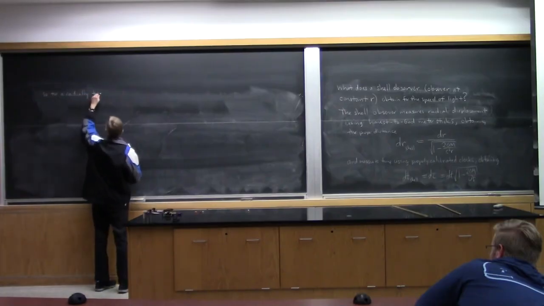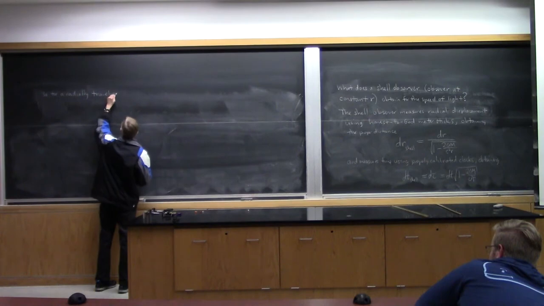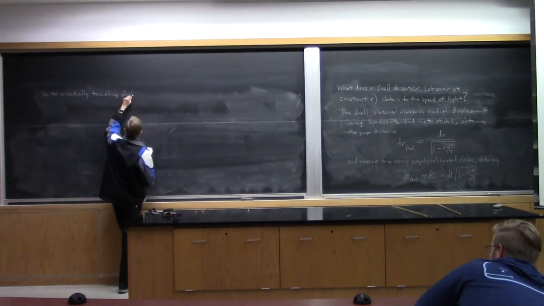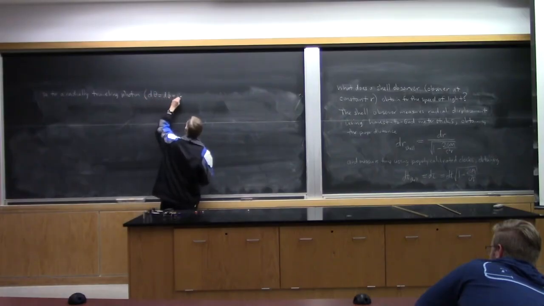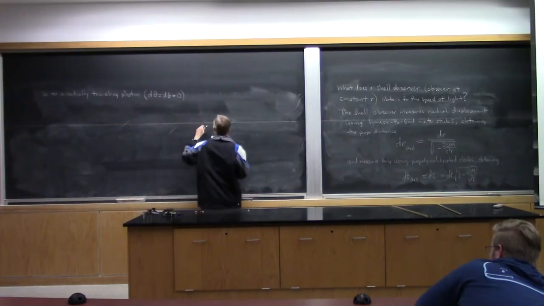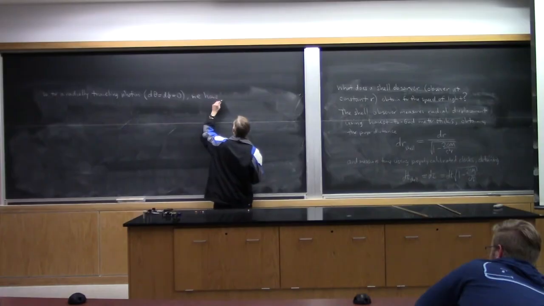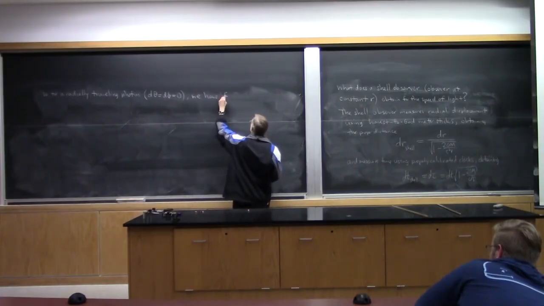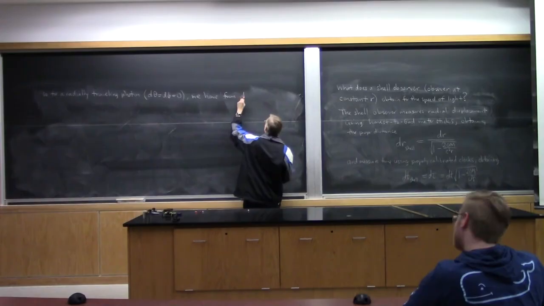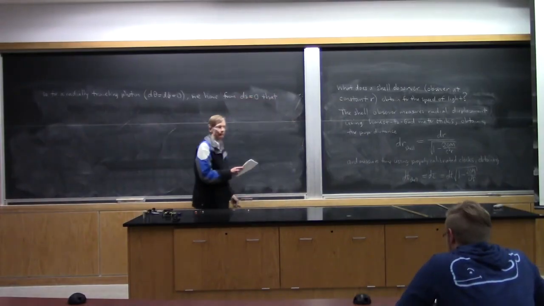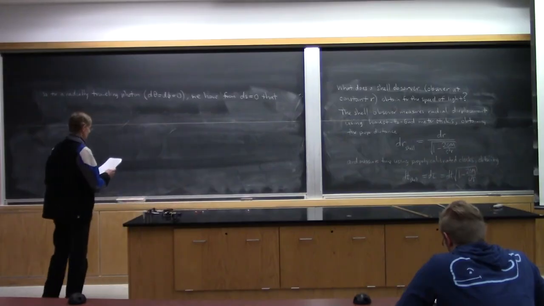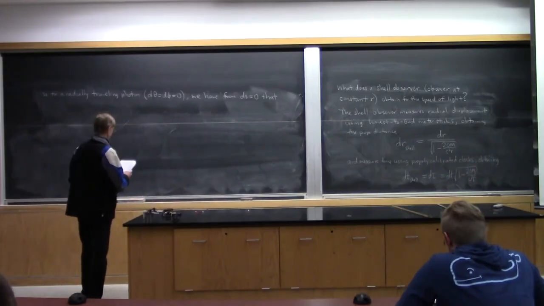So for our radially traveling photon, d theta equals d phi equals 0. ds will be 0 along the photon world line again.